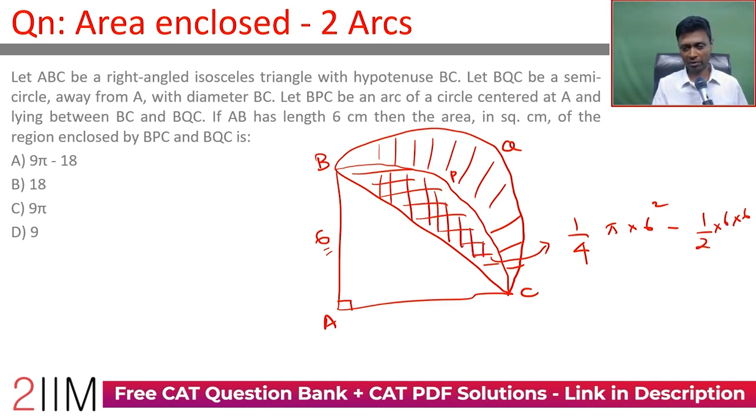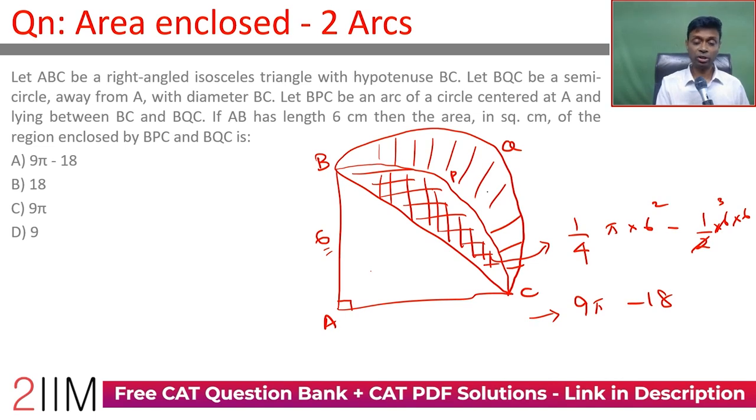So sector minus triangle gives us this segment, which is 1/4 of 36 pi, 9 pi, minus 18. Now this we need to subtract from the larger semicircle.